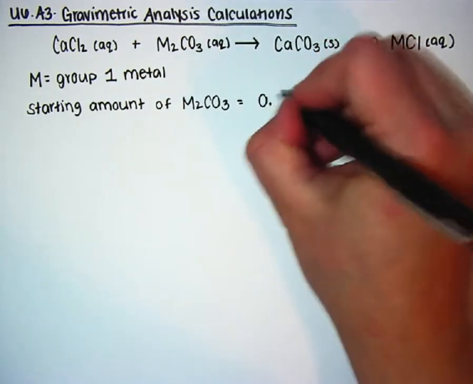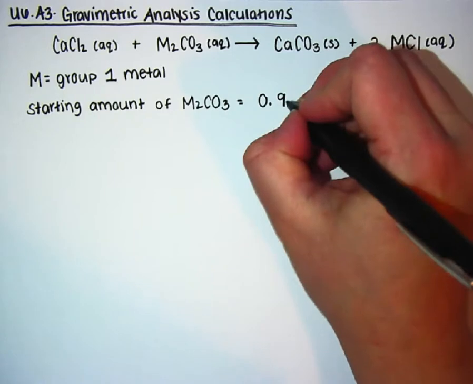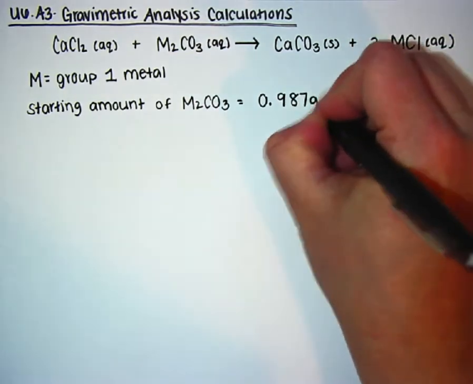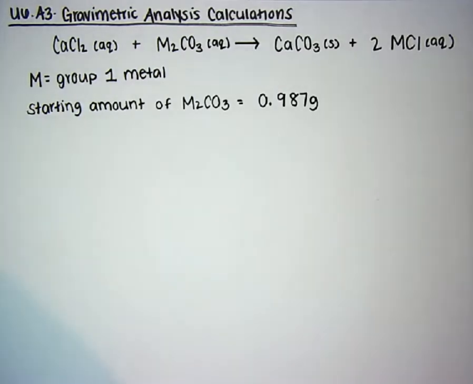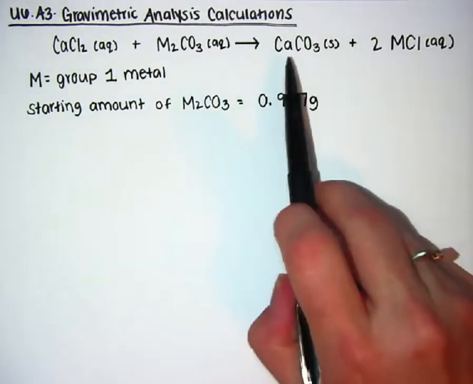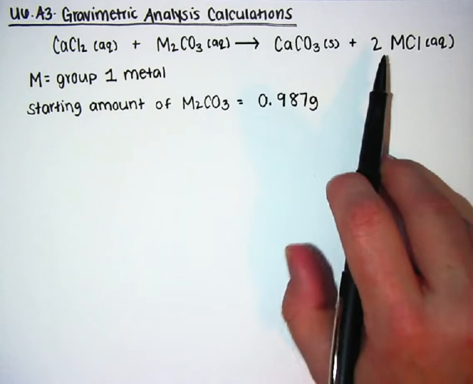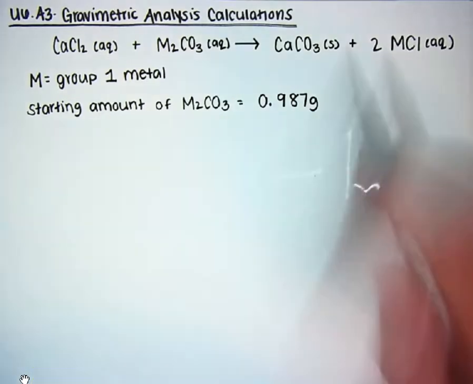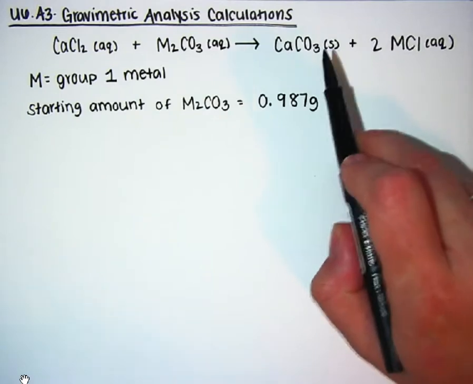Let's say its mass was 0.987 grams. When we do this reaction, we make solid calcium carbonate and aqueous metal chloride. So what we could do is isolate the solid.